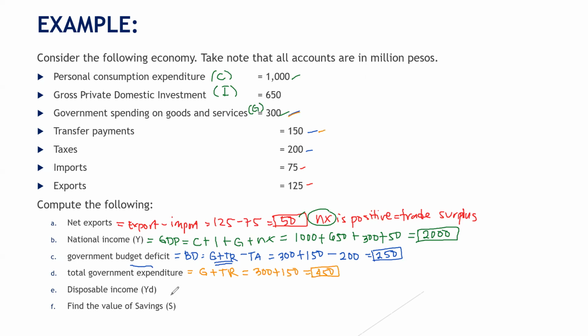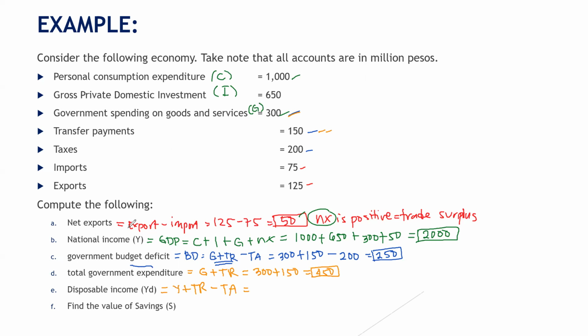Now, let's proceed with the disposable income. So the disposable income can be derived by simply adding and deducting. First you have to add the income and the transfer payments, so you have here transfer payments, but you deduct the taxes. Given that there's no savings here, and we have to find the value of savings, we will be using this formula.